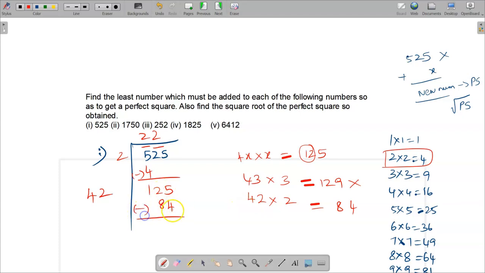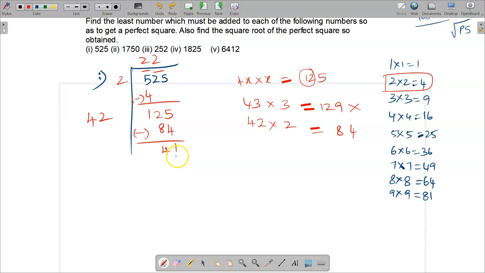Just subtract both values: 5 minus 4 is 1, 12 minus 8 is 4. So here it is 41, which is nothing but the remainder, and the quotient is 22.